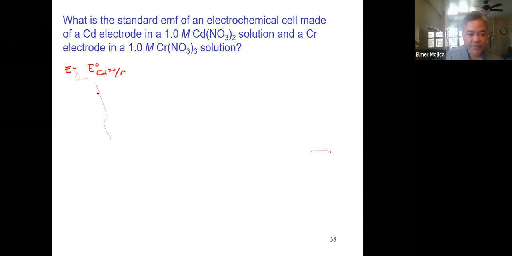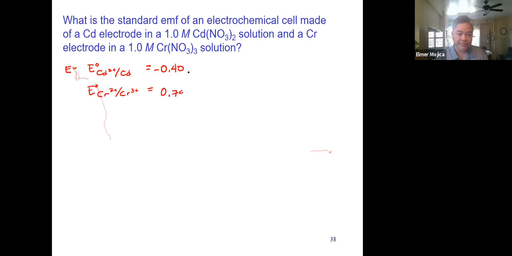Cadmium 2 plus and cadmium, and then this one with chromium. Most likely this is available. If not, the table should be given. Look at the reaction that you have there. This will give you around negative 0.40, and this will give you around negative 0.74.